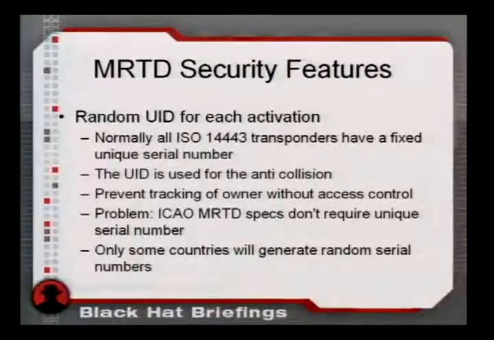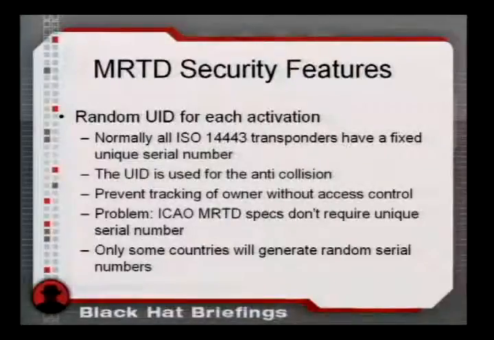Some features. Normally, any RFID chip, any 14443 transponder has a fixed unique serial number. This number is necessary to do anti-collision if you have more than one transponder in the field. After the first design of the ICAO, I got a lot of pressure from privacy groups.